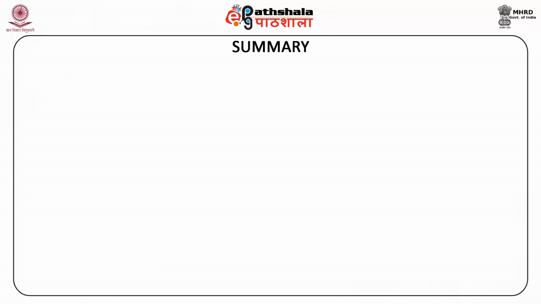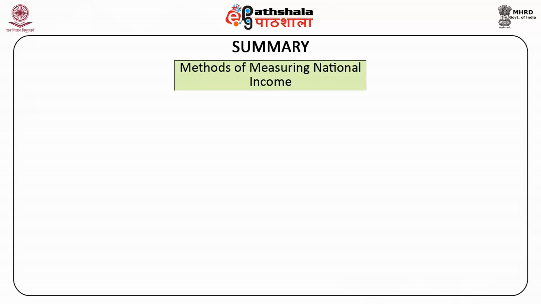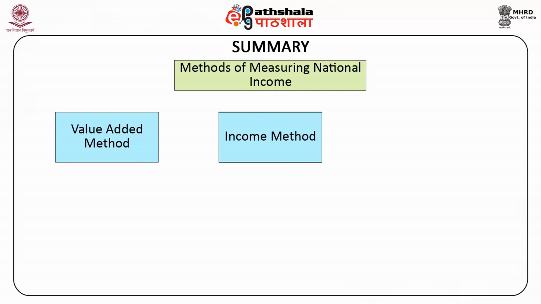Let us now summarize what we have learned in this module. We studied about the three approaches to measuring national income: value added method, income method, and expenditure method. All the three methods result in identical results as they are different ways of looking at the same transactions.